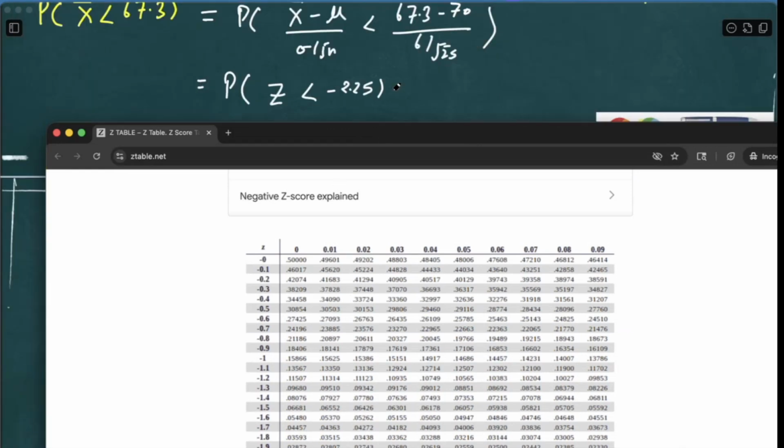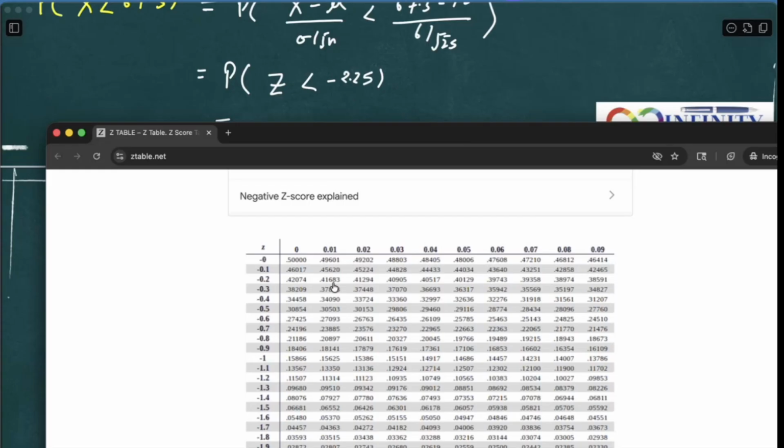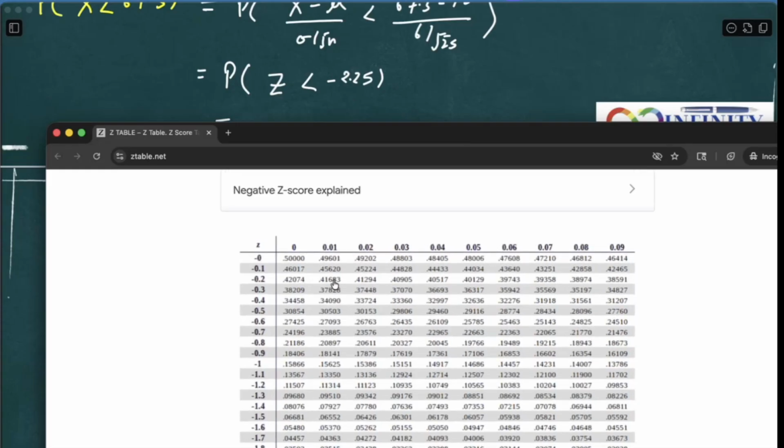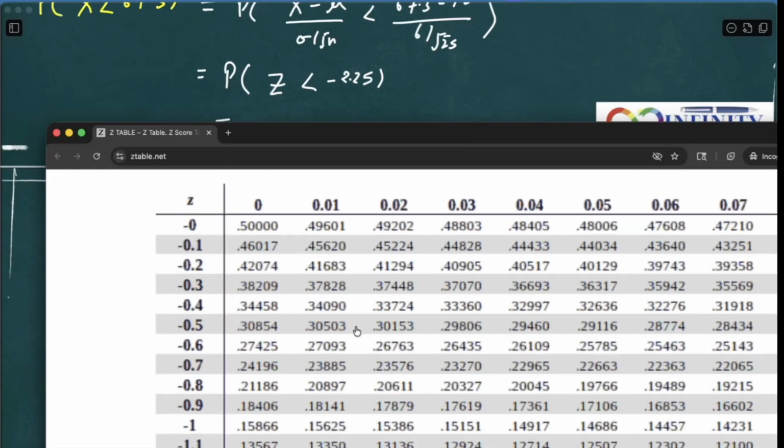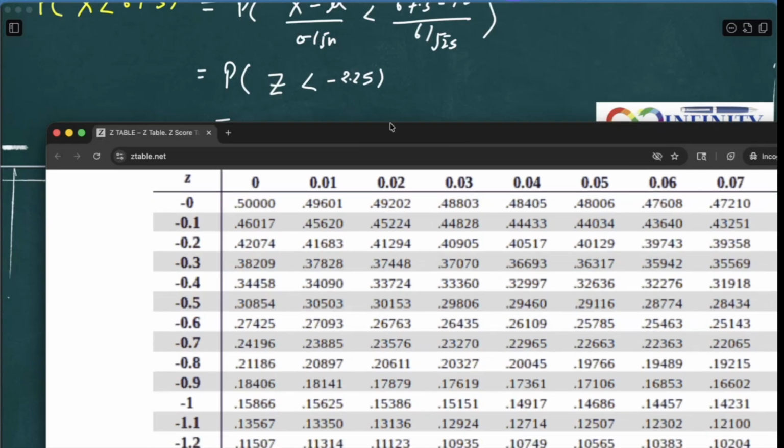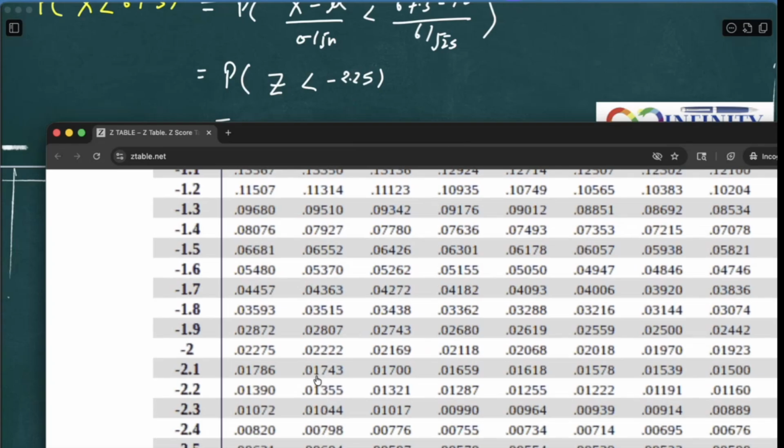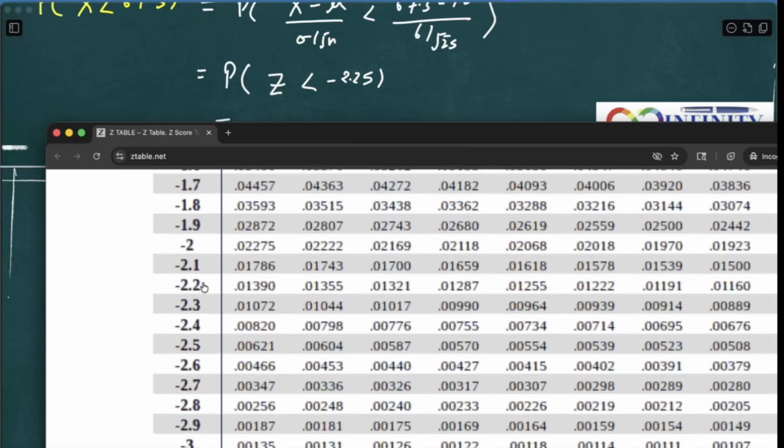The situation you should focus on is Z less than negative 2.25. Can you see that table? 2.2 is the row: 2.20, 2.21, 2.22, 2.23, 2.24, 2.25 is going to be this value.